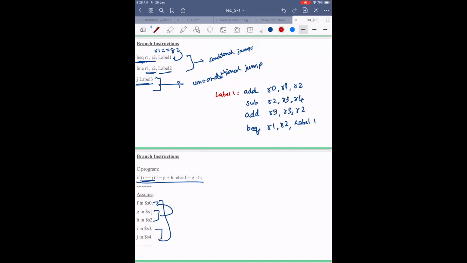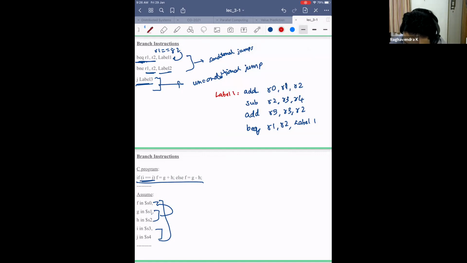When, sir, will the subtract command run automatically? Sorry? It will run in series. So first of all, when this add happens, then the subtract will also happen. Yes. So the first instruction that will be executed is this, right? Then followed by the second instruction, followed by the third instruction, right?